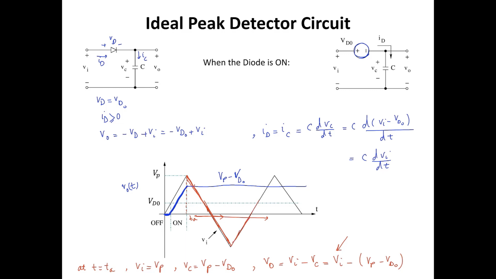As a result, Vi minus Vc is less than Vd0. When Vi reaches its peak value, the diode might momentarily turn on, but for the ideal case, we're going to assume that the diode does not turn on anymore, because immediately after this time point, the amplitude of Vi decreases from its peak value.